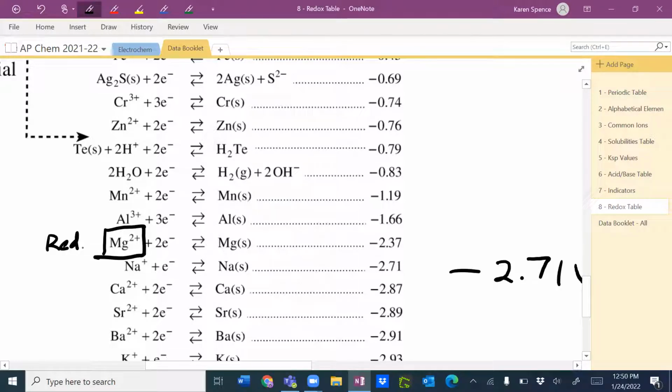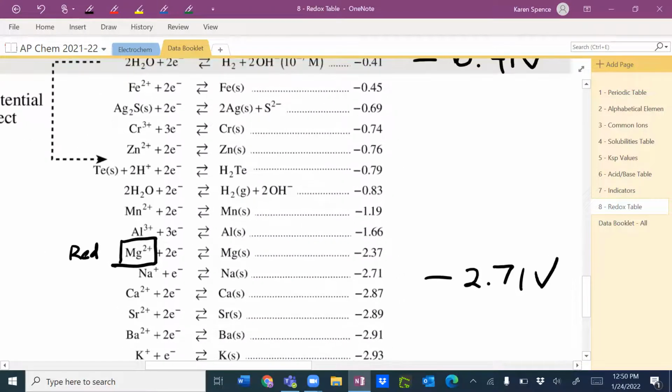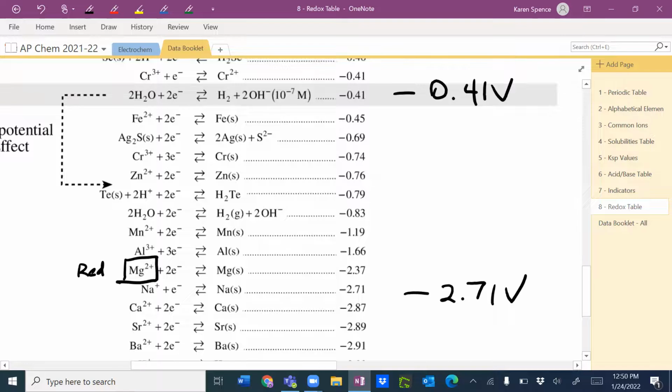Let's compare our magnesium reduction with the reduction of water. And here is our water getting reduced, gaining some electrons. So who is better at getting reduced? Is it water or is it magnesium? Well, negative 0.41 is less negative than negative 2.37 volts. So water is better at getting reduced.